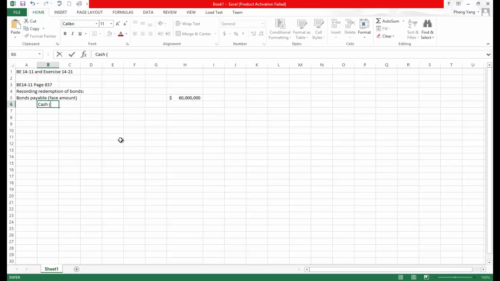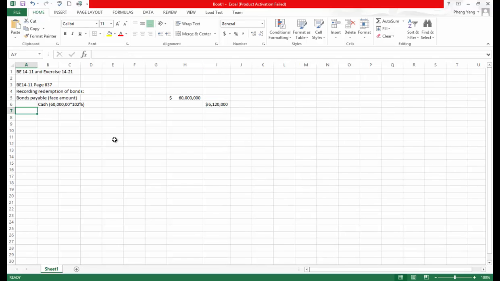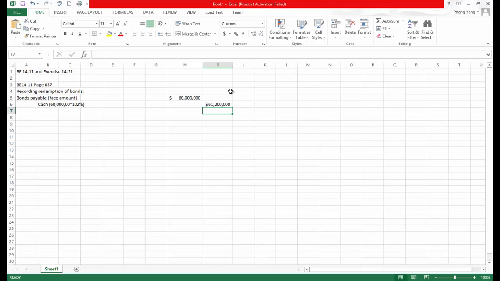And the cash is going to be the 60 million times 102%, because the company retired 60 million of 6% bonds at 102. So it means it was a premium. So 60 million, should be 61,200,000.